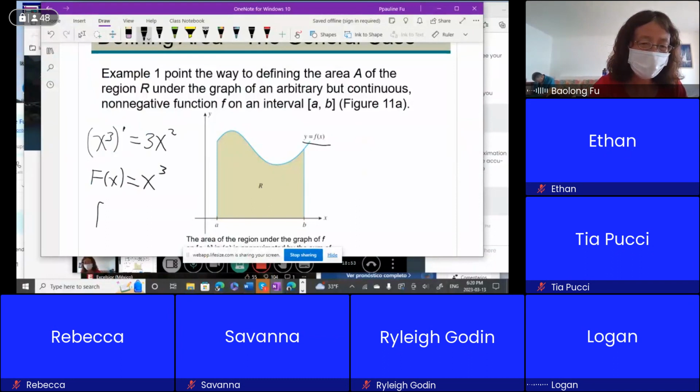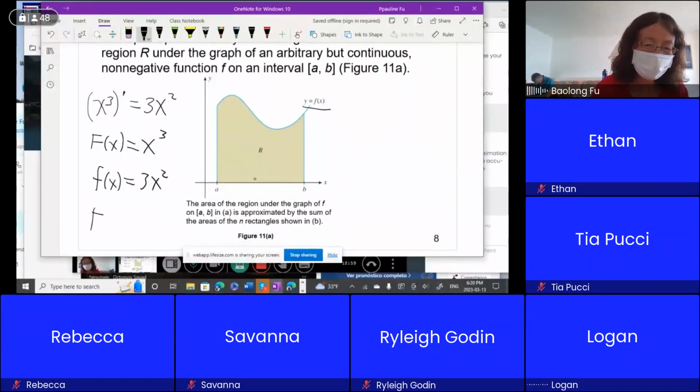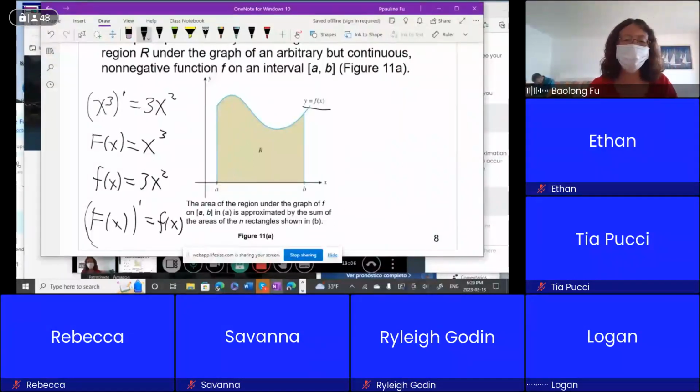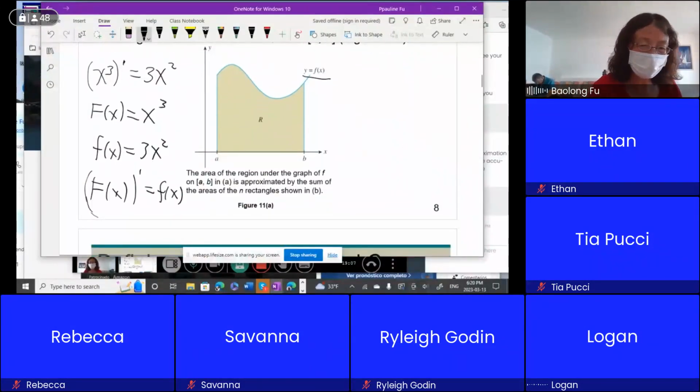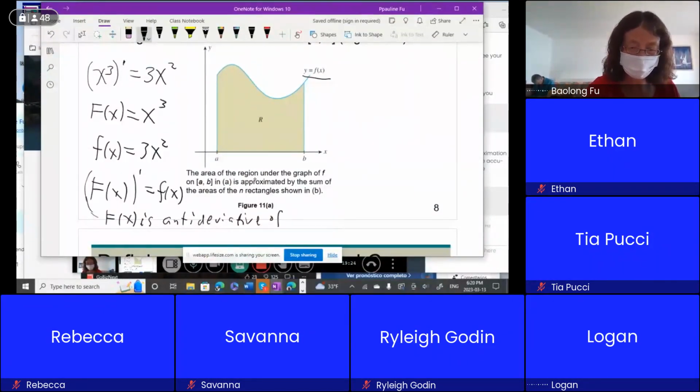Small letter f(x) represent 3x squared. So the relationship is capital letter F(x), if you take derivative, it is equal to small letter f(x). And we call this capital letter F(x) by a name, antiderivative of f(x).